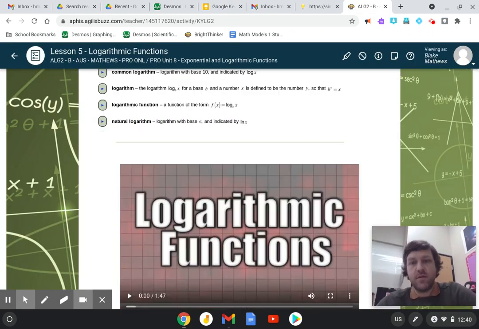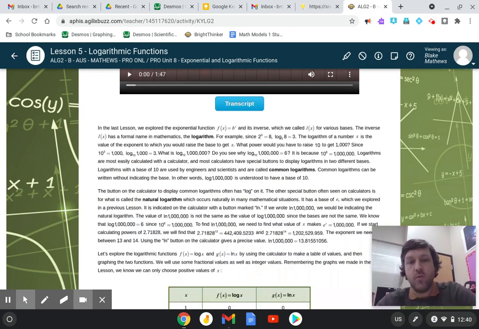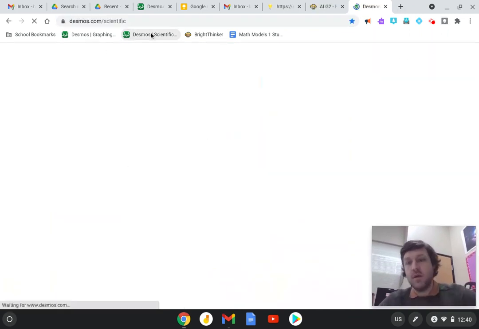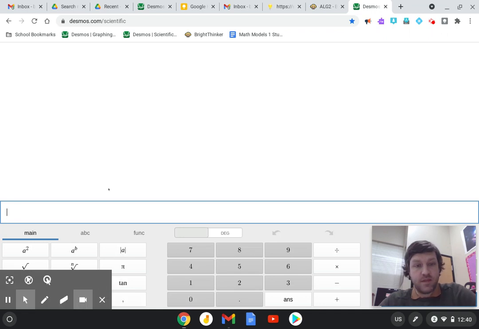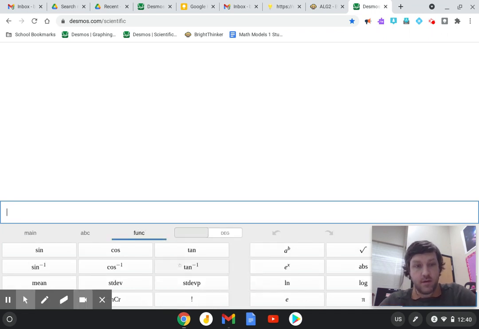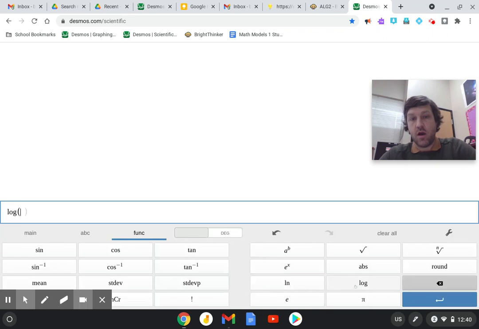So let's take us through some basic terminology. One major thing to say is that on any calculator that you work with, the log that you see on the calculator is a log base 10. So if I do log of 100, for instance, the answer is 2, because 10 squared equals 100.